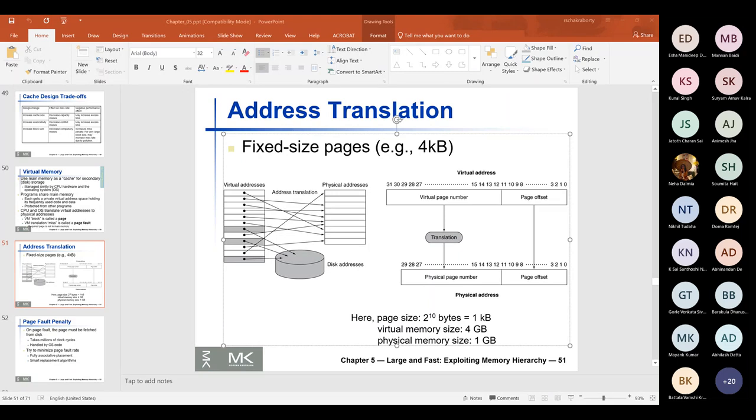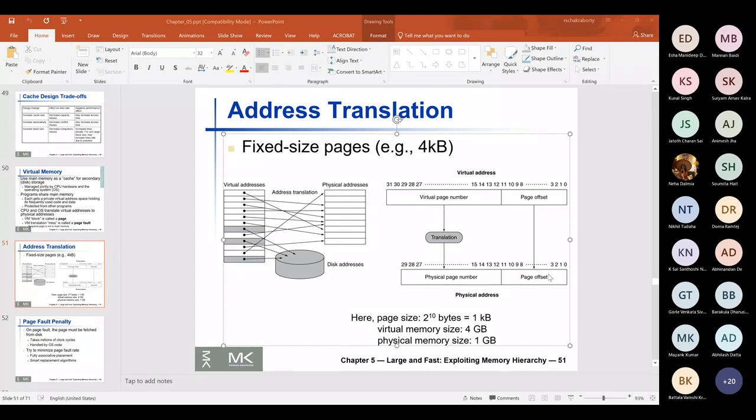But how many physical pages are available? First of all, only 30-bit effective physical addresses are available. So there are only 2 power 30 bytes of addressable memory, of which 12 bits denote the page offset.